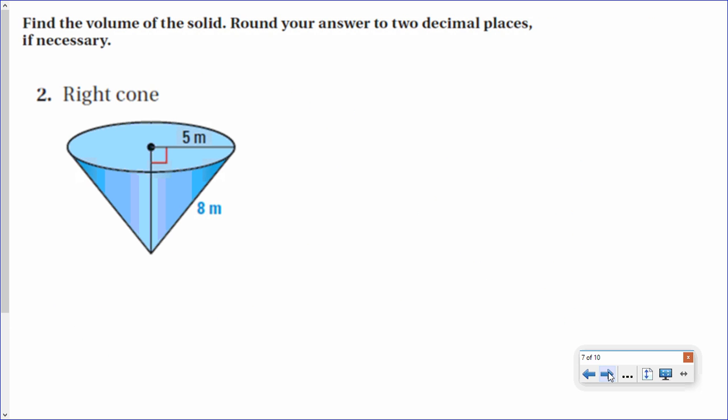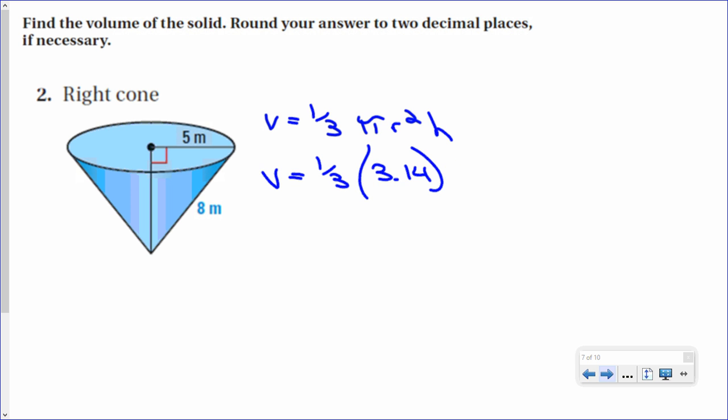All right, so we got a cone, and the volume of a cone is this. They don't give you the height, they give you the slant height, so you're going to have to use c squared equals a squared plus b squared.